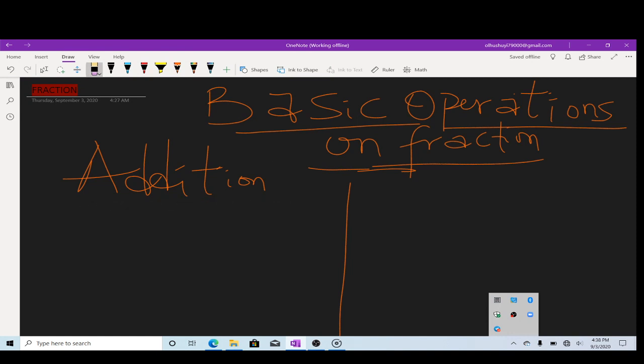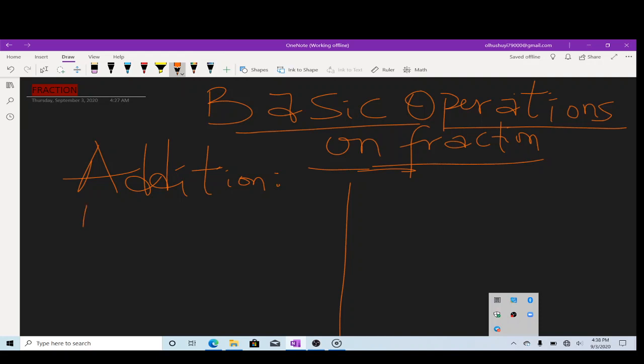How do you go? Addition, of course, means summing up two or more fractions together. That's what addition of fractions implies.